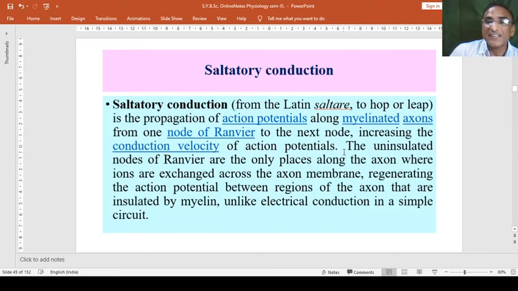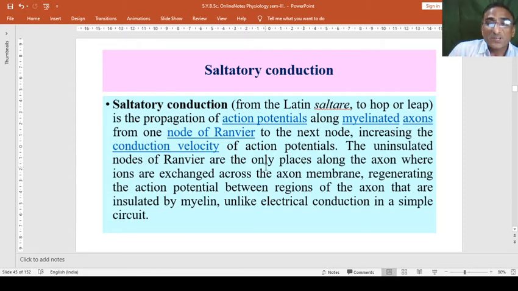In another way, the uninsulated nodes of Ranvier are the only places where ions are exchanged across the axon membrane, and the action potential is regenerated.